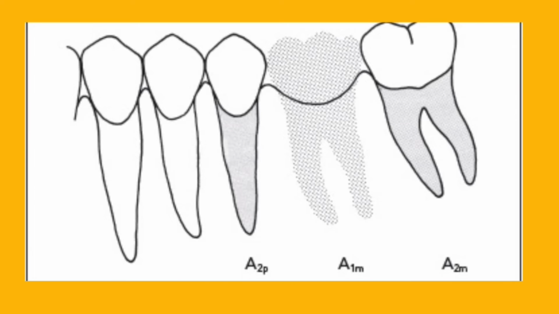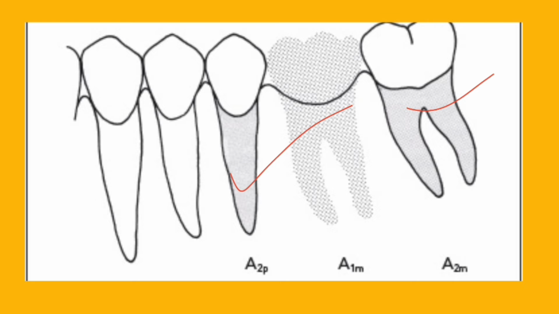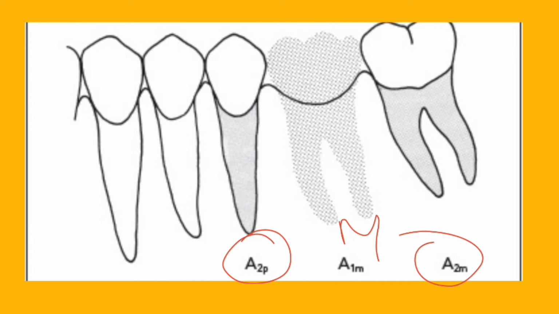This is the figure which you can draw. Here you can see the premolar and the second molar. These are going to be your abutment teeth, and this is the missing tooth. Shade or mark the abutment teeth as A, then missing tooth as M. This you can mark as A1, this you can mark as A2, this you can mark as M1. Okay, and you can write an equation just to show Ante's law.